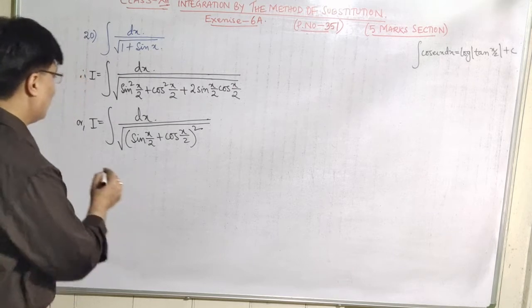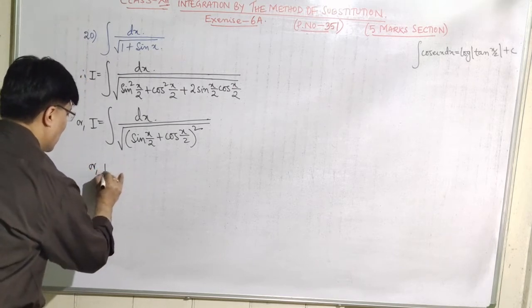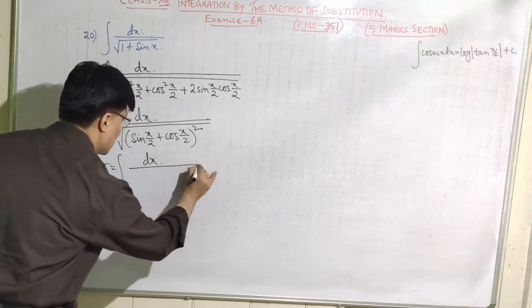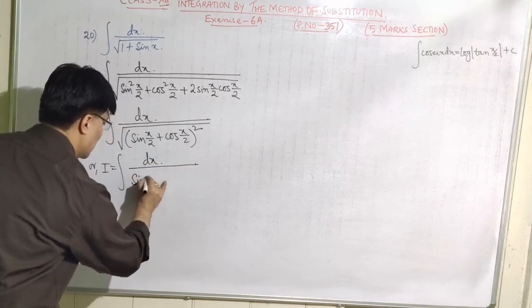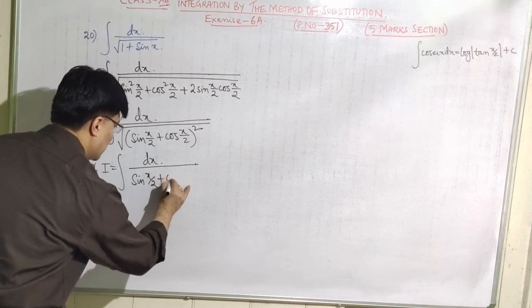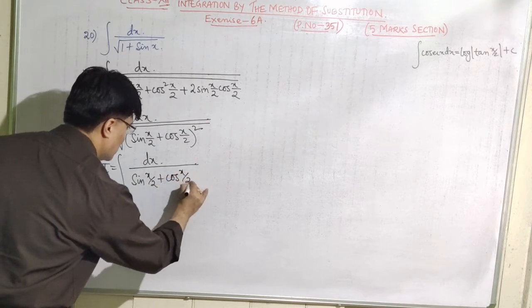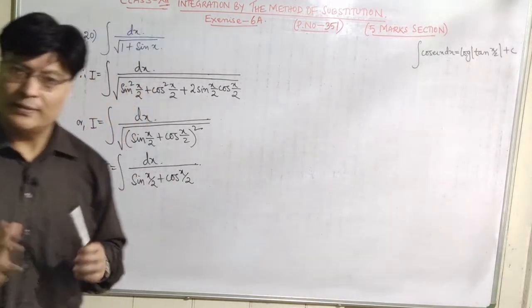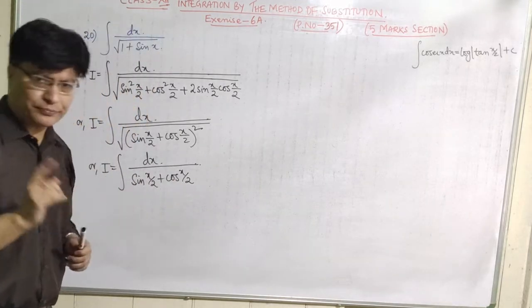So now you can easily find out its square root, so I is equal to integration of dx divided by, what is square root? Sine x by 2 plus cos x by 2. So I think you have understood it now.